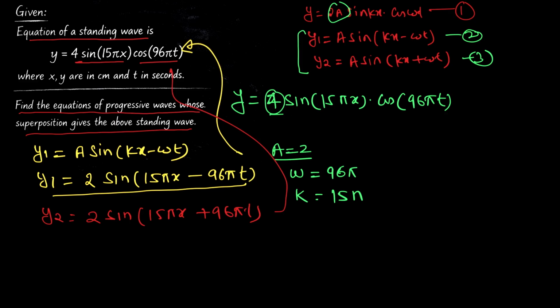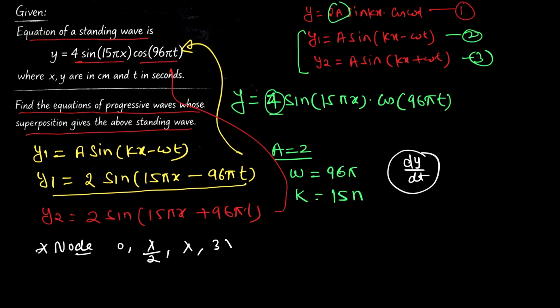Now if I extend this question further, they might ask what's the velocity of this particle. If they are asking velocity, in that case you have to differentiate this equation with respect to t, keeping x constant. And if they ask what is the position of a node, we know a node will happen at 0, then lambda by 2, then lambda, then 3 lambda by 2.